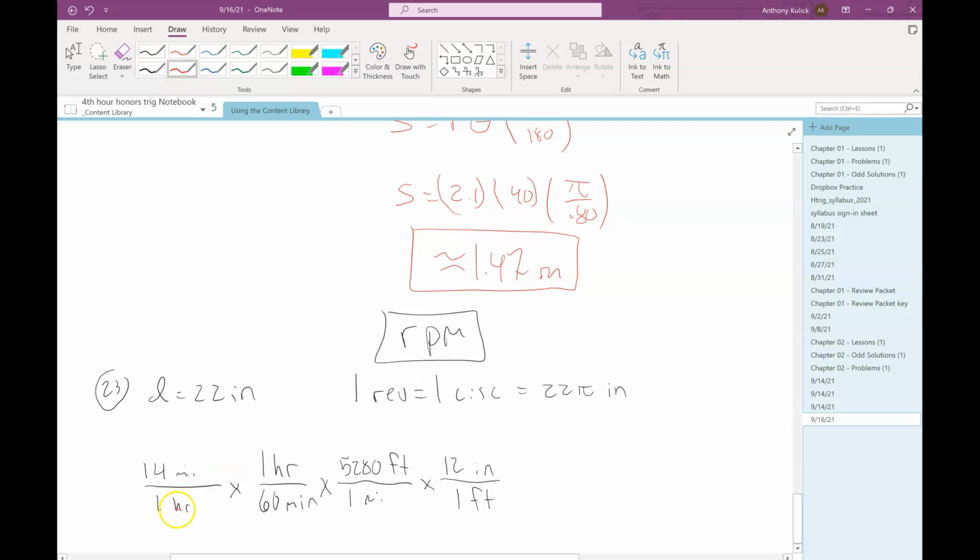So now if we look at what's happened, we're in minutes and then inches. Is that cool so far, Paul? And then to get the rest of the way, I know there's 22 pi inches in 1 revolution. So that ought to do it for me.